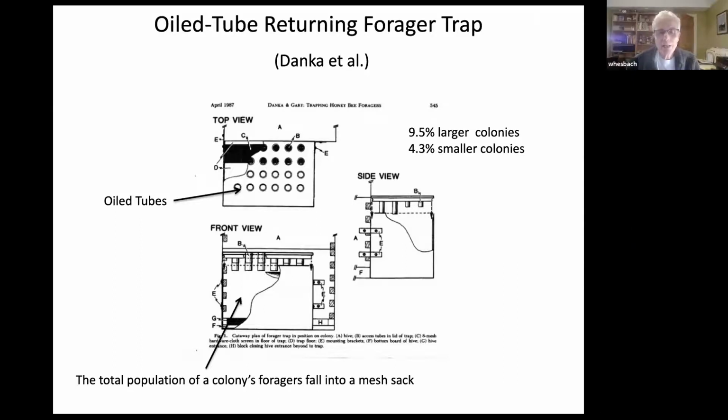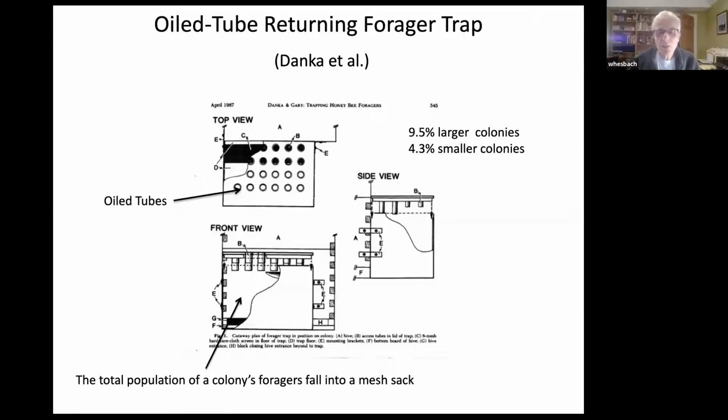Then when they landed on this device to come back in the colony, because it was their colony, they would slip into this mesh net. He did this until the entire foraging population was caught in that net. Then he picked that net up, I guess killed the bees, I can't recall if he killed the bees or not, but then he went back and counted them.